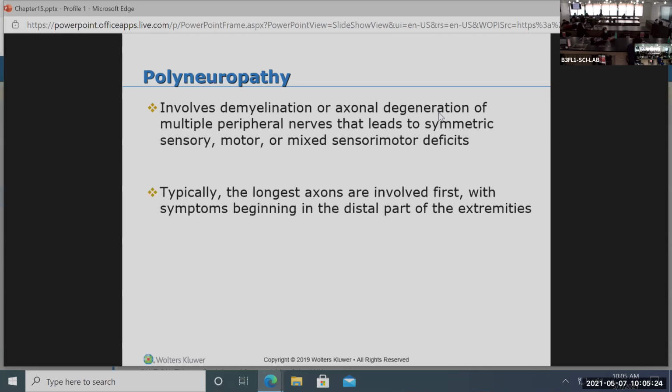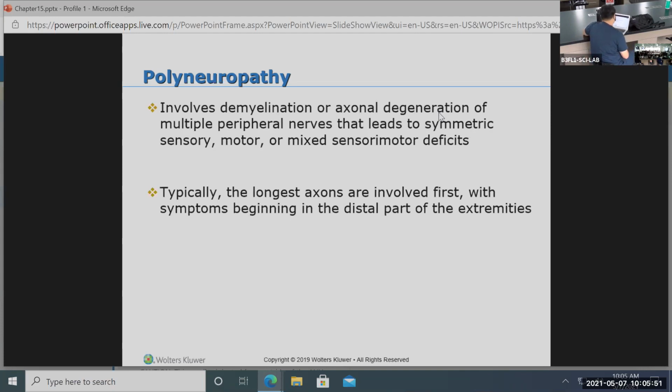There are a lot of conditions like alcoholic neuropathy. We do have lead toxicity caused neuropathy, lead poisoning. We do have Guillain-Barré syndrome, Guillain-Barré disease.